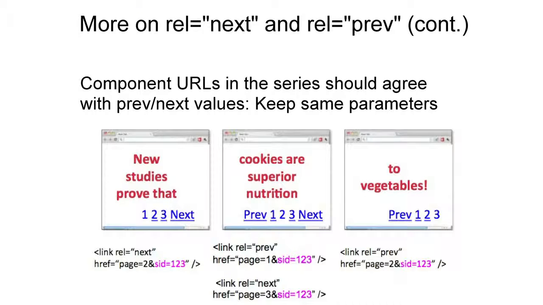And this is because our indexing team looks to actually link every page in a series with what was declared previous and what was declared next. And when they do that, they want to make sure, say you're on page 2, that the rel prev that states rel prev is page 1 and SID equals 123, they will go to that URL, but that URL actually has to list page 2 with the same SID. And that's how we can link every page in the sequence. So be sure to keep parameters throughout your entire series.